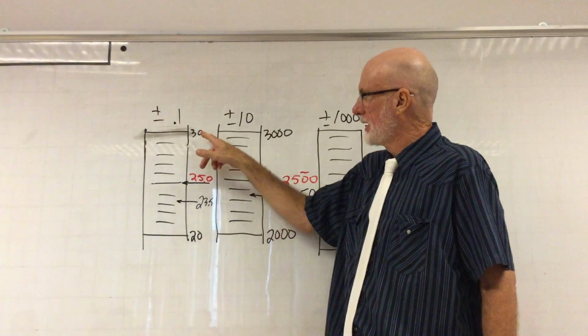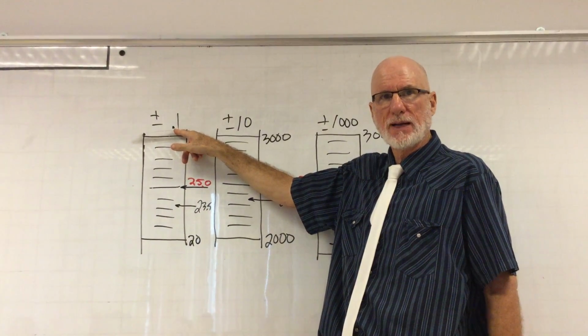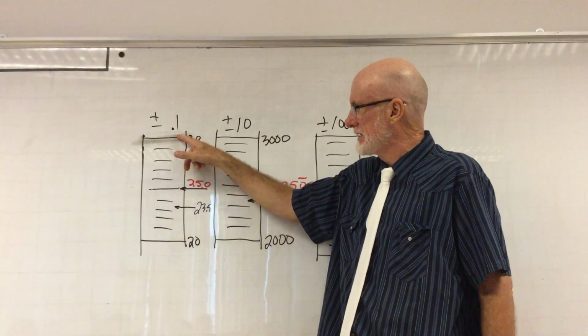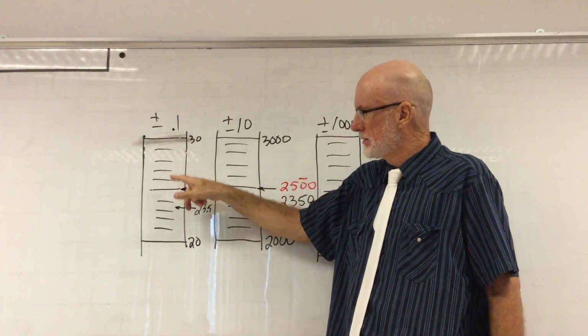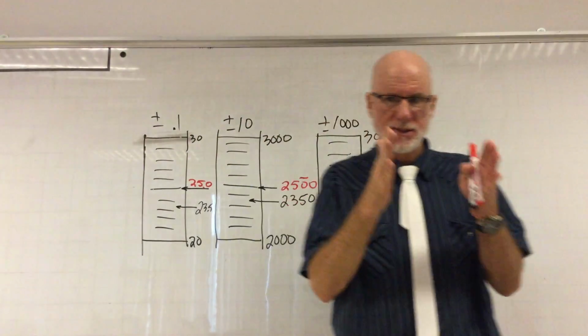The first thing I do is do the precision, which is 0.1 here, correct? So I know that's 0.1 because this is tens, ones, tenths.